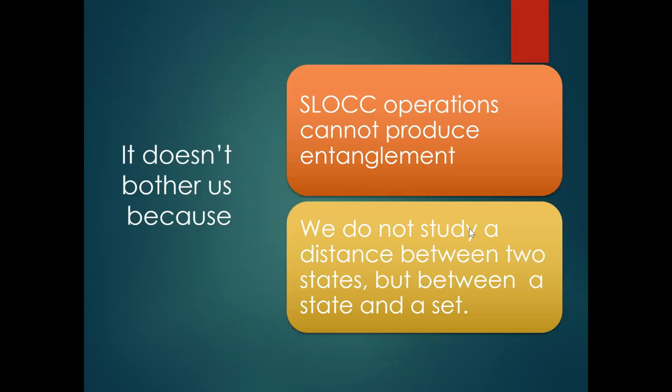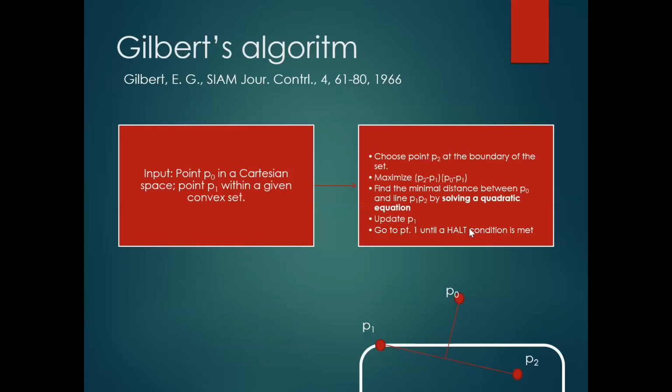However, this doesn't bother us, because we expect that LOCC will not create entanglement. And the other thing is that we do not study a distance between two fixed states, but between a set and a state. So Ozawa's proof doesn't include the maximization.